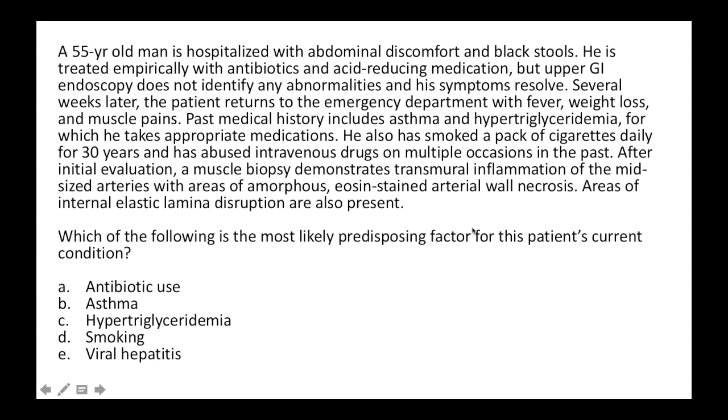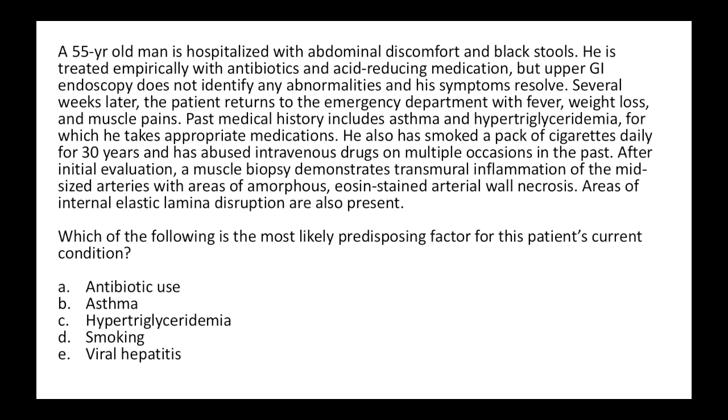And our last question. A 55-year-old man is hospitalized with abdominal discomfort and black stools. He is treated empirically with antibiotics and acid-reducing medication, but upper GI endoscopy does not identify any abnormalities and his symptoms resolve. Several weeks later, the patient returns to the emergency department with fever, weight loss, and muscle pains. Past medical history includes asthma and hypertriglyceridemia, for which he takes appropriate medications.